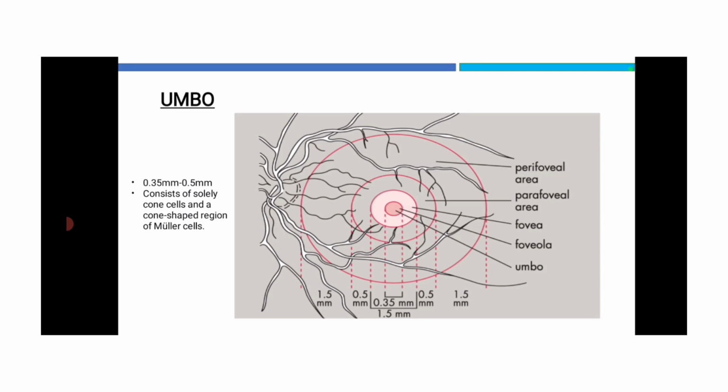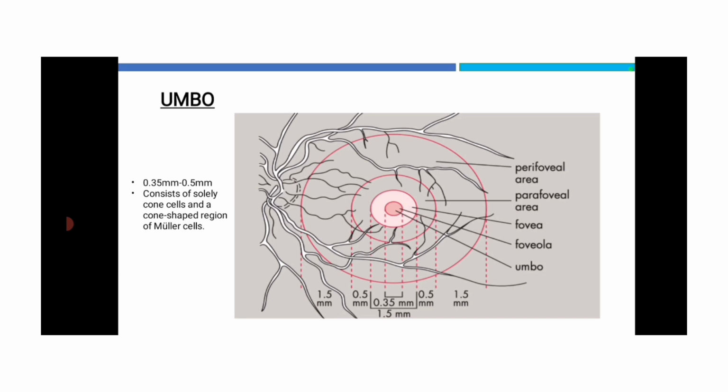Next, we move on to the pit region of the fovea, which is also known as umbo. The foveal pit is around 0.15 mm in diameter. It is almost devoid of layers beneath the photoreceptor layer.